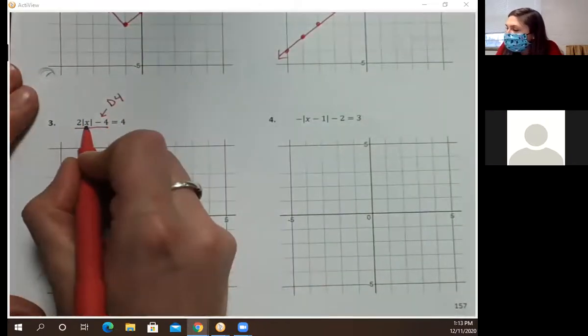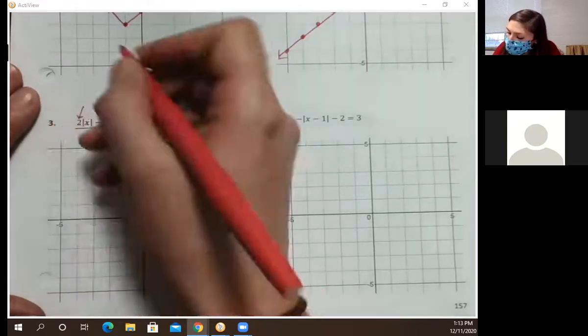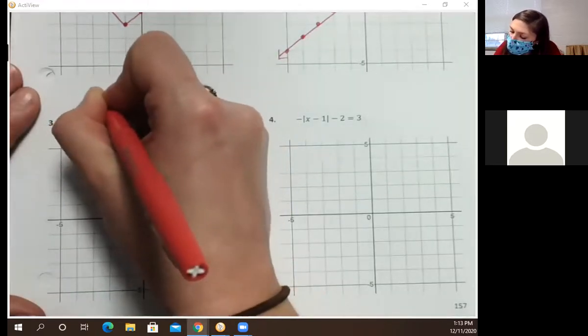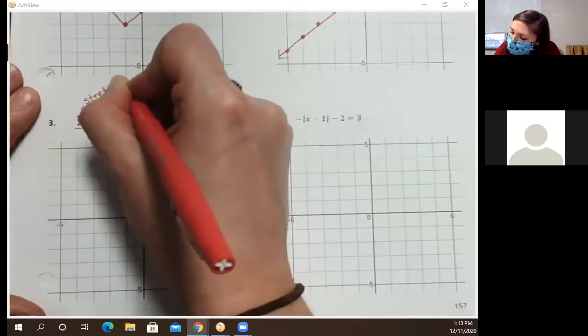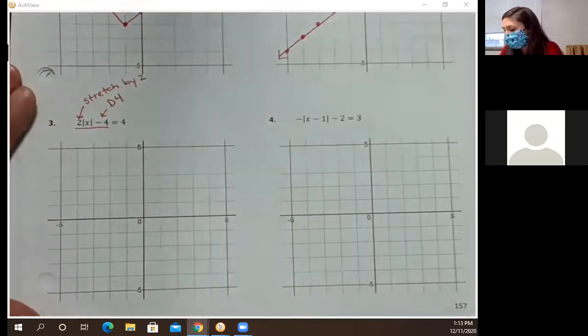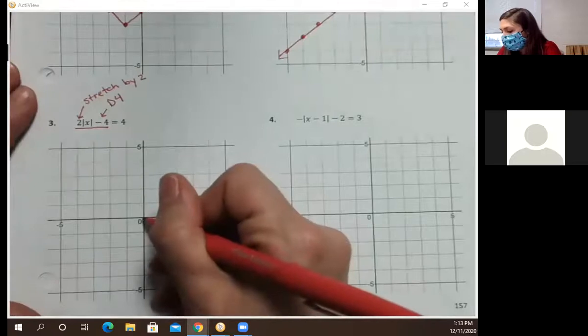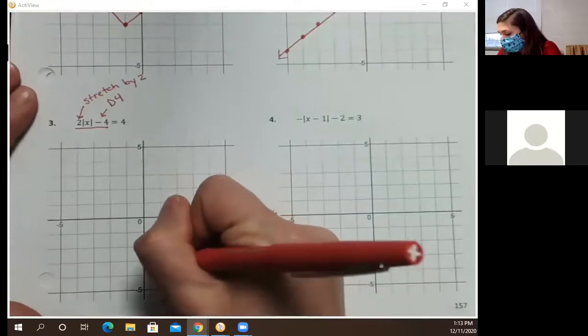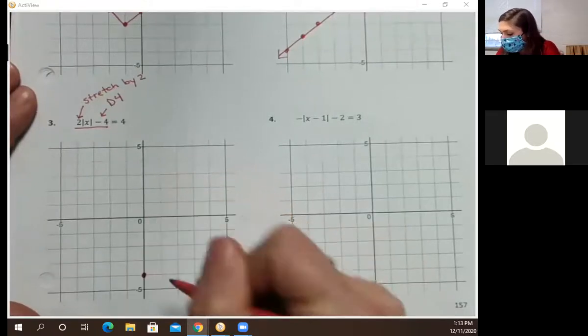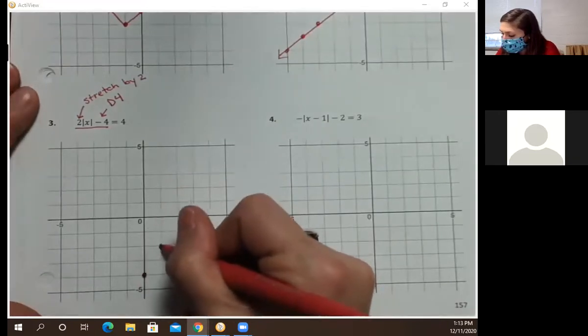We're not moving left or right any since there's nothing inside those bars with x. And then this 2 in front means we're going to stretch like we did for that first example. Stretch by 2. So from the origin, I'm going to go down 4, 1, 2, 3, 4, and then up 2 over 1.